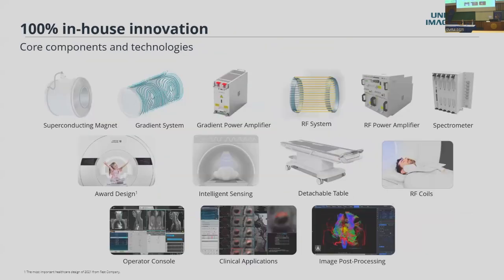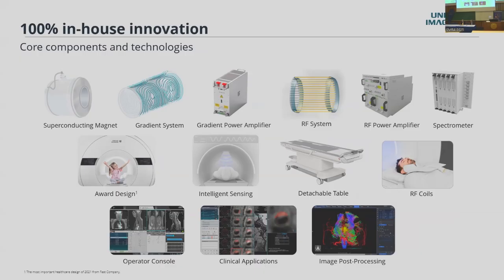So in United Imaging, we design and manufacture 100% of all the core components and technologies in-house, including from the superconducting magnet to the full gradient systems, full RF systems, and spectrometers.